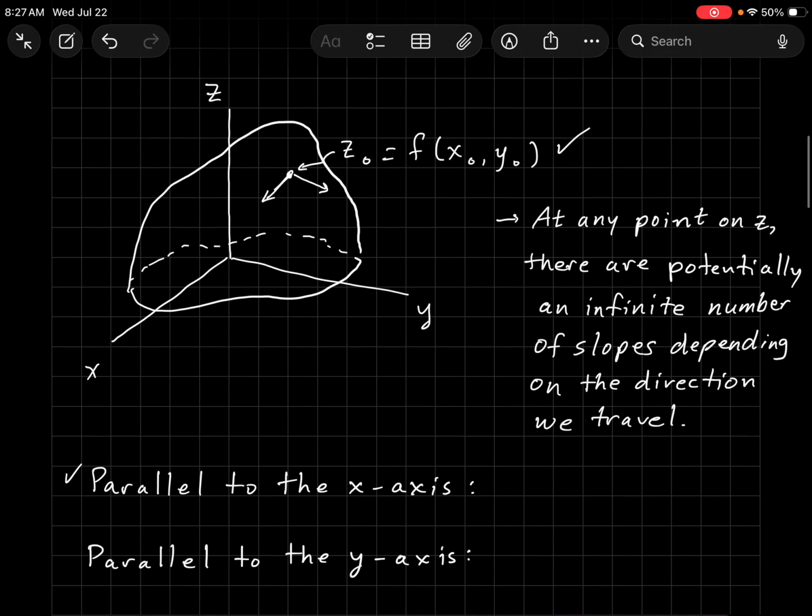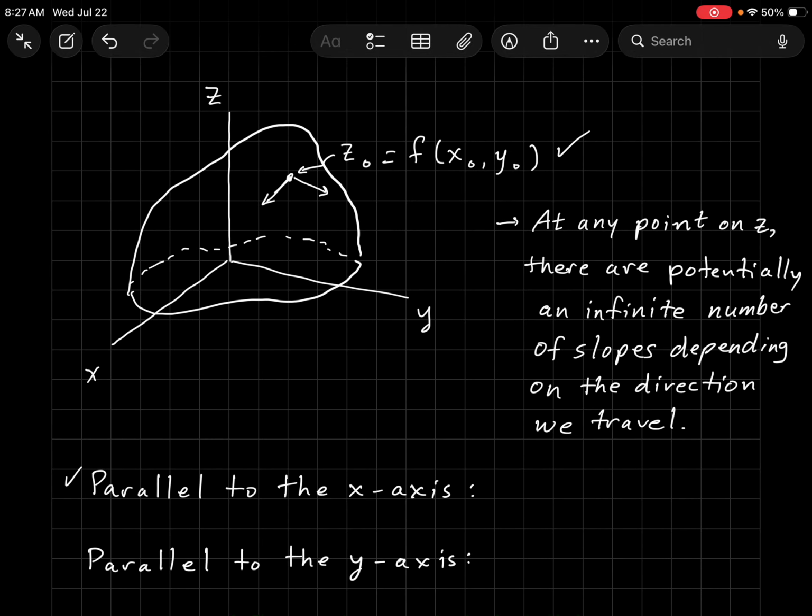If we are looking down the path that's parallel to the x-axis, what you would notice is that the y's don't change at all. If we're walking parallel to the x, we're at some sort of fixed y. Similarly, if we're walking or looking parallel to the y-axis, the x's don't change, because if we're going parallel to the y, we're at a fixed x value.